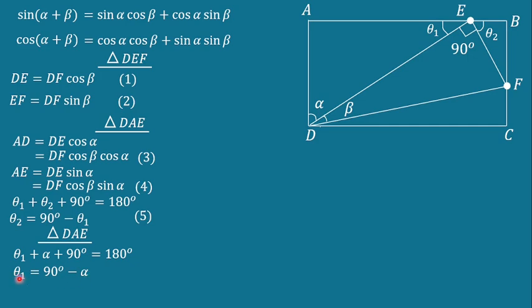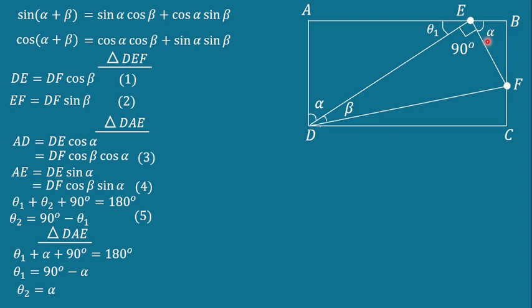If I put the value of theta 1 in equation 5, that gives 90 degrees minus 90 degrees plus alpha. The 90 degrees cancel, and ultimately I'm left with theta 2 equals alpha. So this angle theta 2 is in fact equal to angle alpha, and I replace theta 2 with alpha.